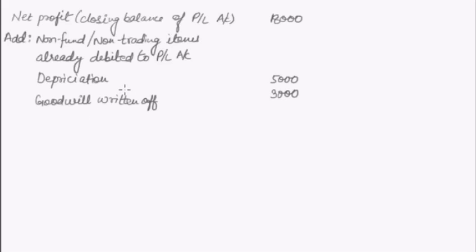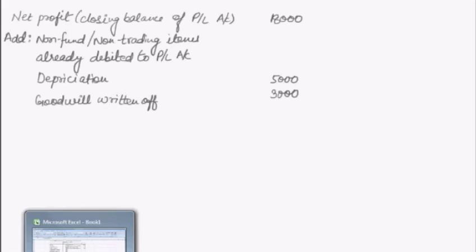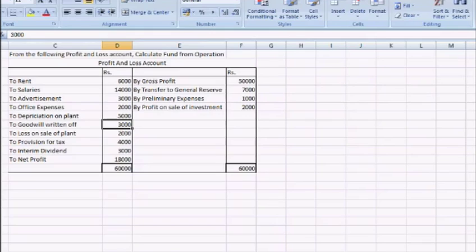So there isn't any flow of fund, and as this has already been debited, while calculating the operating profit, we'll have to add it back to the net profit to find out the fund flow from operations.